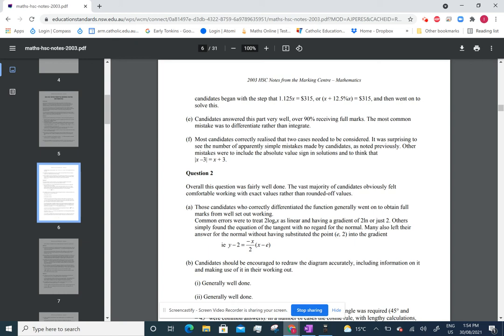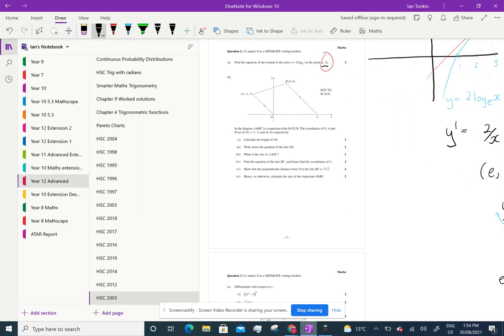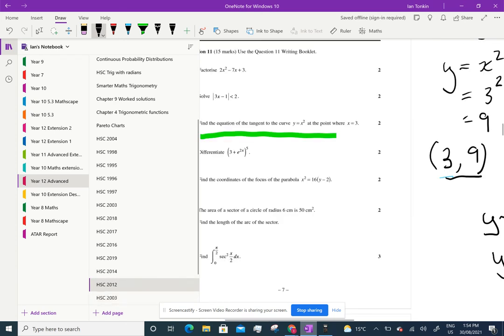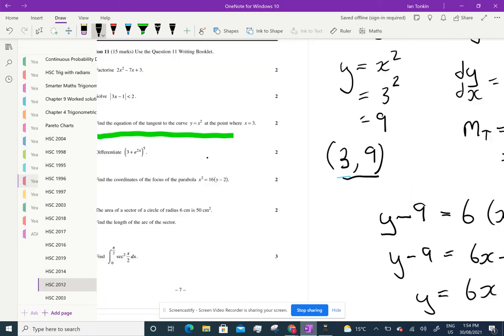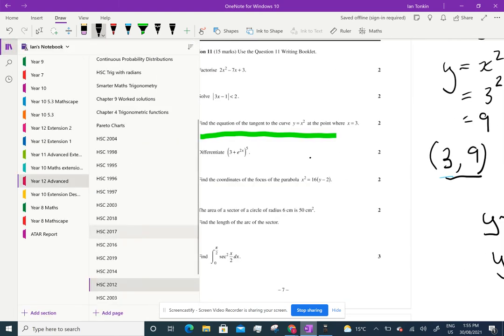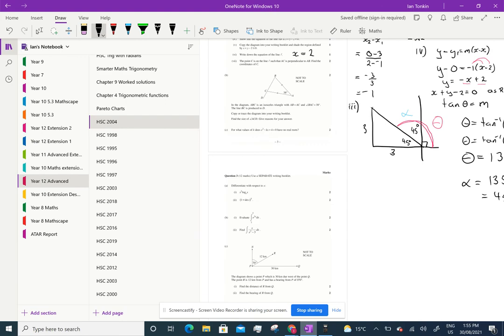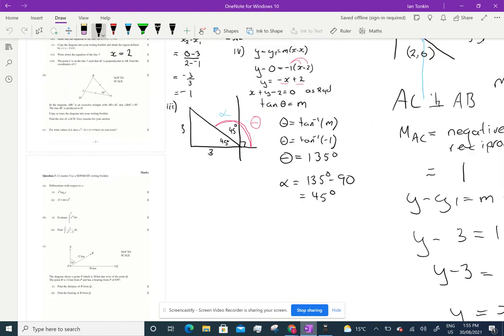Okay, so make sure you do that. Let's look at one more. We can go to any year. Have we done 2012? Oh no, we've done 2012. I skipped 2014. Let's go to 2004. What was it like in 2004? I haven't looked at this one yet.